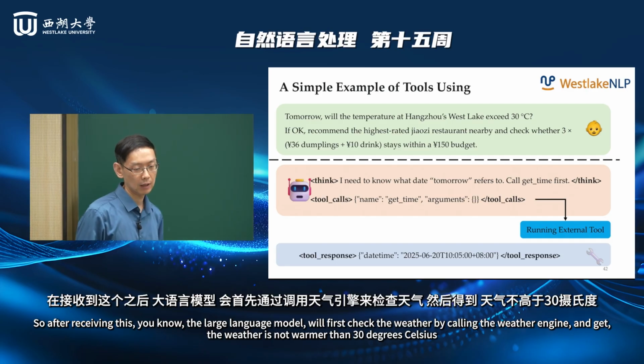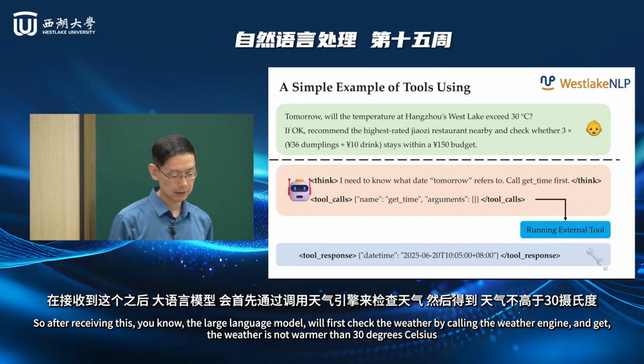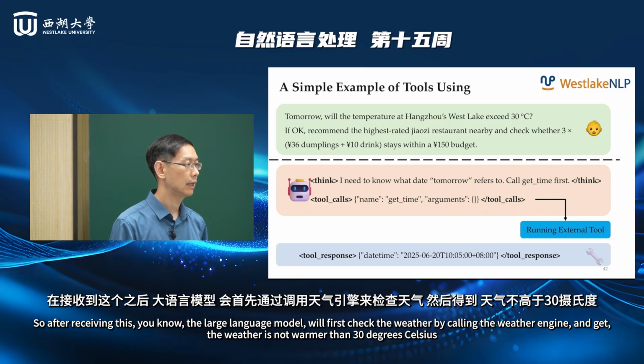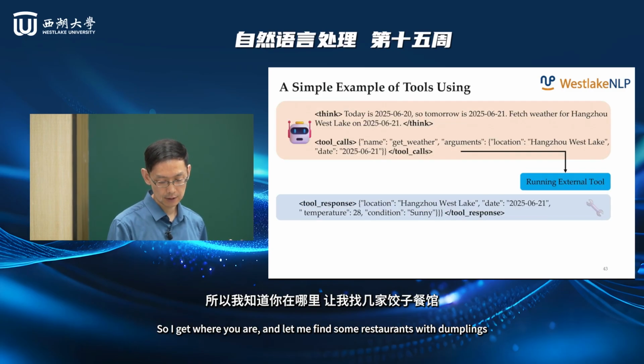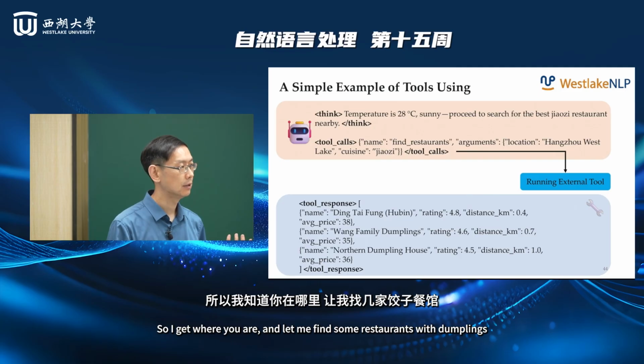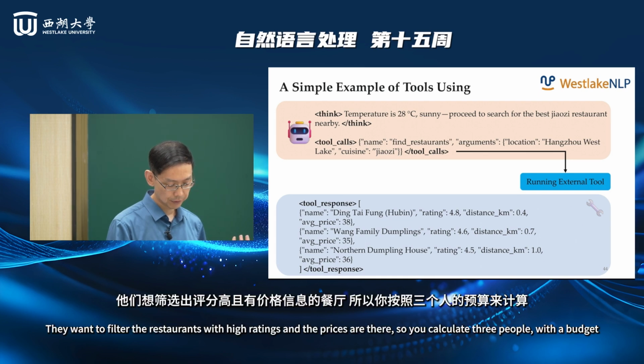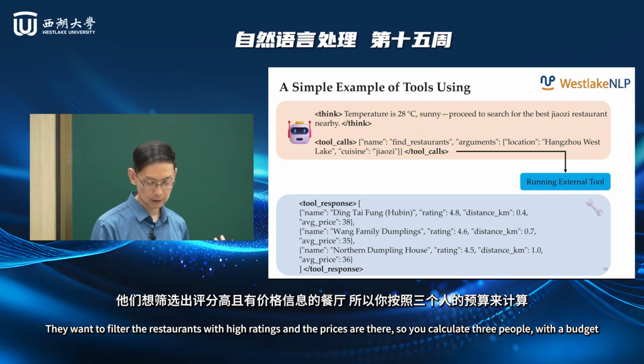So after receiving this, the large language model will first check the weather by calling the weather engine and get, okay, the weather is not warmer than 30 degrees Celsius. So I get where you are, and let me find some restaurants with dumplings, okay? And then the restaurant ratings are there. They want to filter the restaurants with high ratings, and the prices are there.